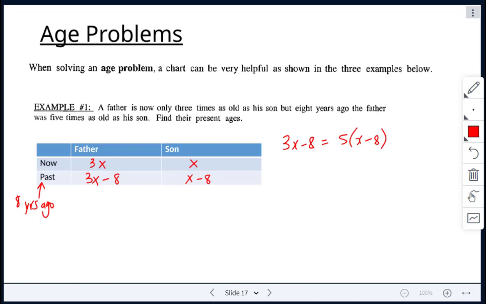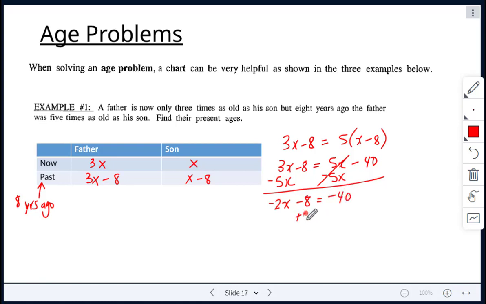All right, so now we can go ahead and solve. So 3x minus 8 is equal to 5x minus 40. We can now collect like terms, like we'll bring the x over to the left side, like so. That gives me negative 2x minus 8 equals negative 40.